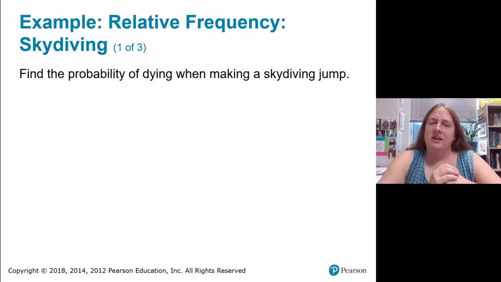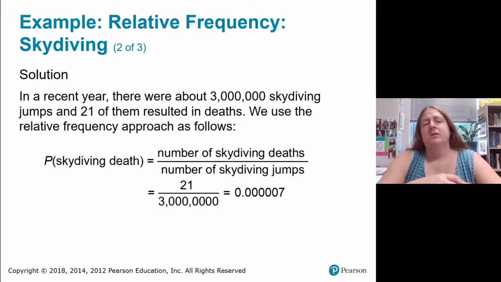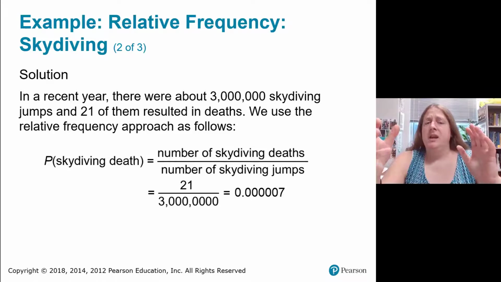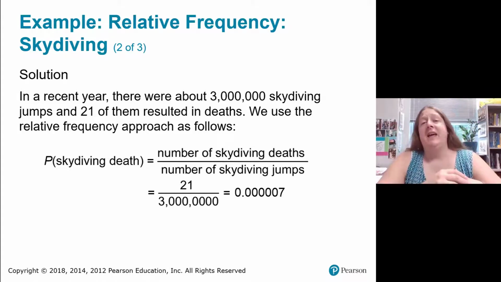So let's take a look at an example. We're going to calculate the probability using the relative frequency probability to look at the probability of dying when making a skydiving jump. So to do this, we need to know how many skydiving jumps there were in a period of time and how many of them resulted in death.